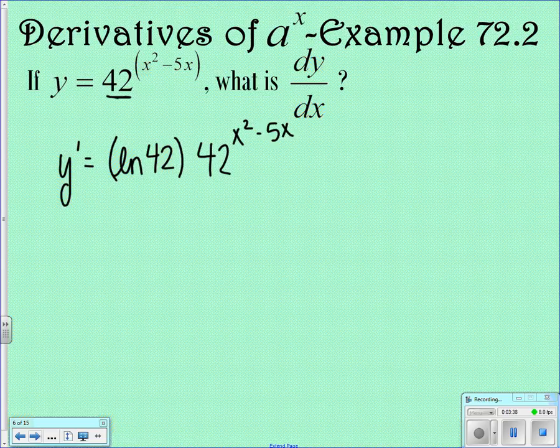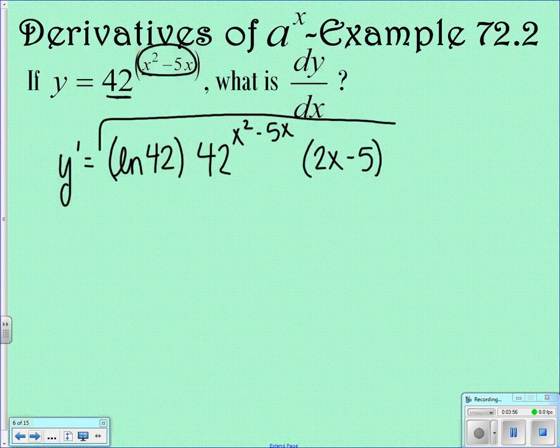But that's not the final answer, because we also have this x squared minus 5x. That's kind of like a 42 to the u. And so we actually have to take the derivative of the x squared minus 5x. And the derivative of that would be 2x minus 5. And so once you have that, then you've got your entire answer. So all of that would be the derivative for that function.